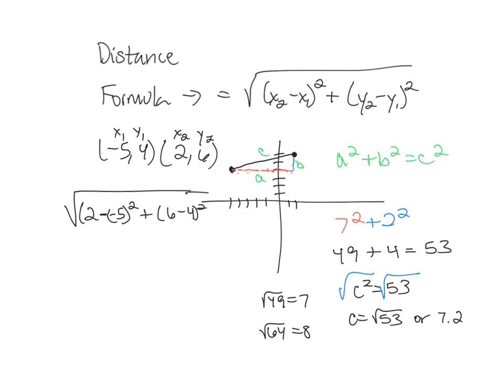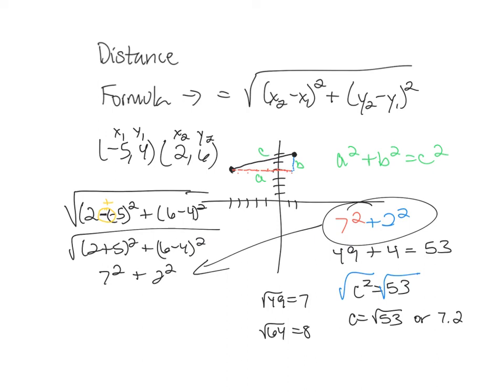So I gotta change this into a plus. And so I get 2 plus 5 squared. 2 plus 5 is 7. 6 minus 4 is 2, and same thing.